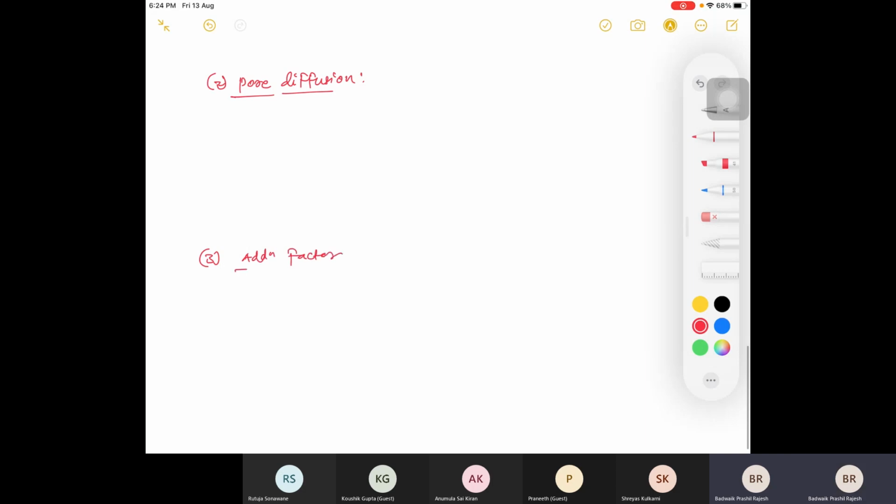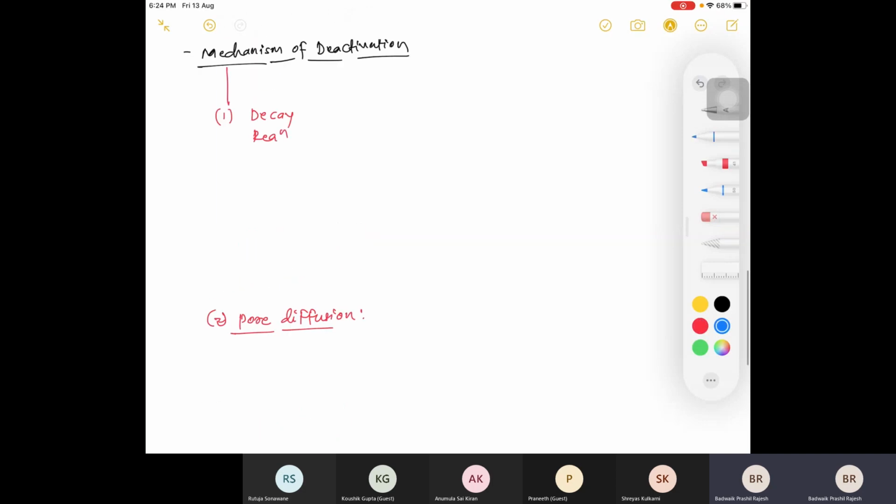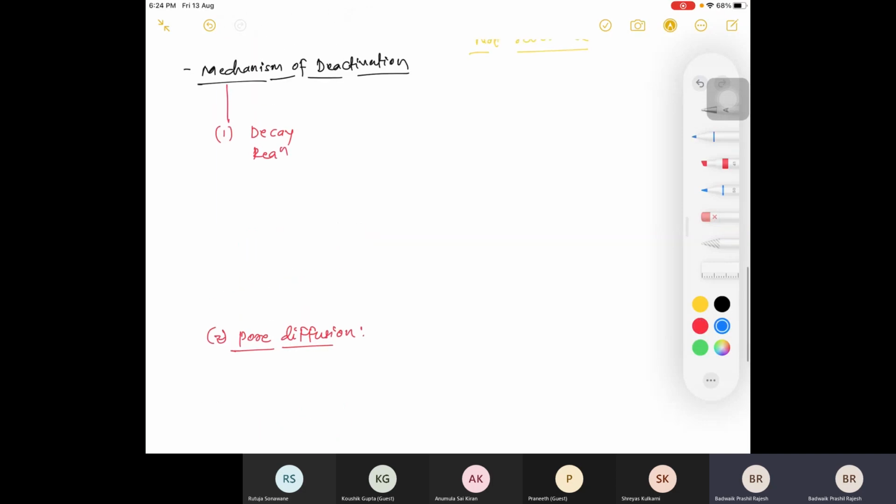So whatever parameters or factors are other than pore diffusion and decay reaction will be considered under additional factors. Okay, so what I'm writing by decay reaction, you know there are types of reaction. Instead of series reaction, you write here series deactivation.